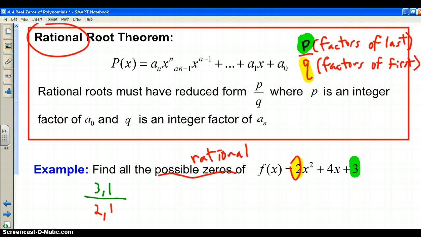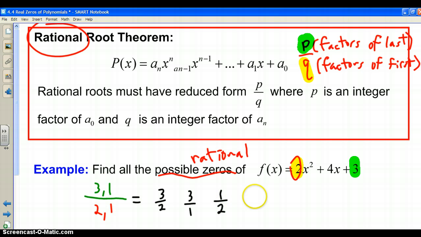So now this makes up a fraction. Let's think about all the different possible combinations we could have from these two values. So we get 3 over 2. That's one possible fraction I can make from this. 3 over 1. That's this fraction right here. I could have 1 over 2.